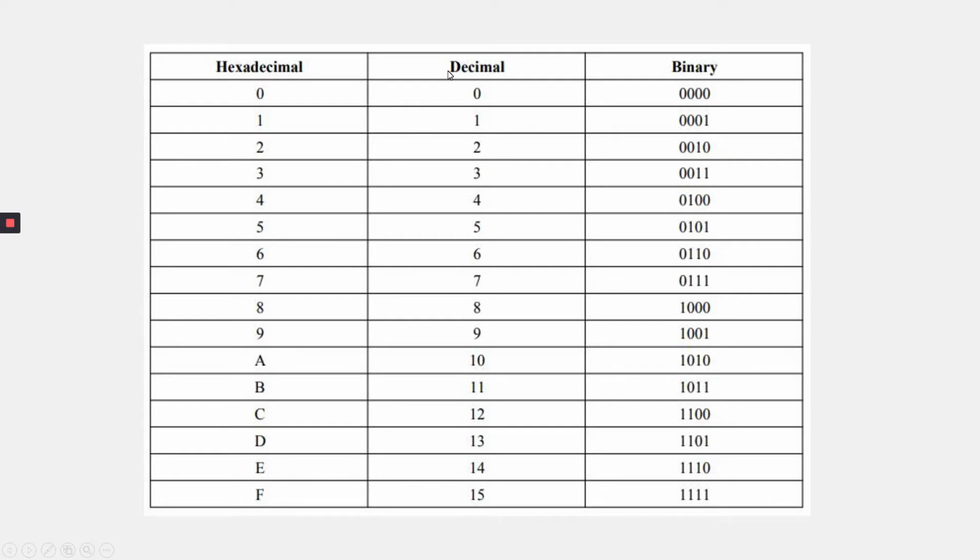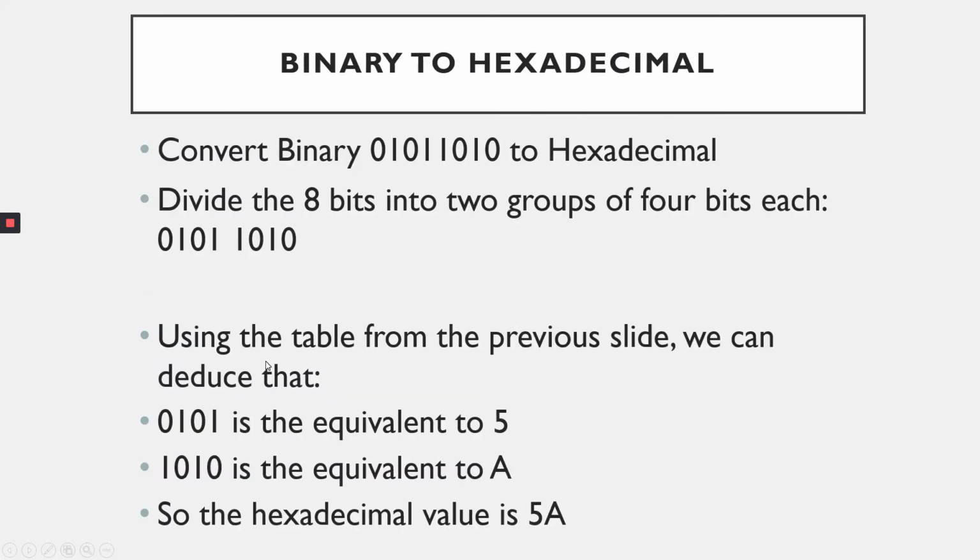This question asks us to convert into hex, but from 0 to 9, hex and decimal actually have the same result. So for this question, 0101 is 5, and 1010 is going to be A. So the final answer is going to be 5A. Okay.